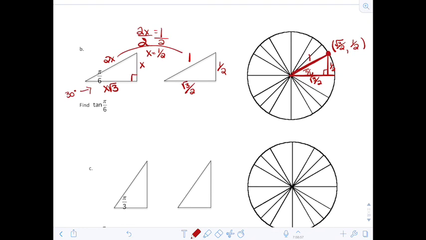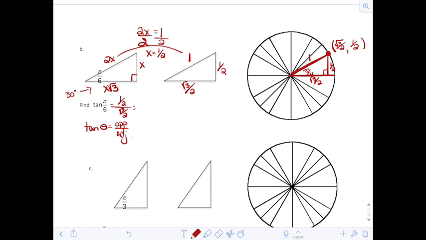And then the example they want us to look at is to find the tangent of pi over 6. Well, the tangent of pi over 6, we know that the tangent of theta is always opposite over adjacent. So if I look at pi over 6, the opposite is 1/2. The adjacent is root 3 over 2. So in this case, I'm dividing fractions.